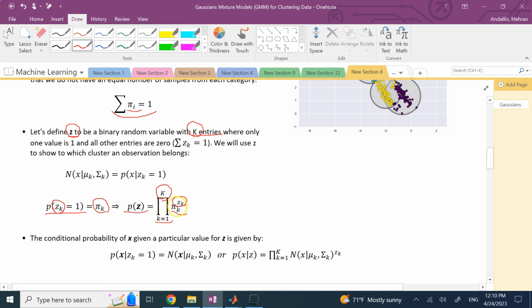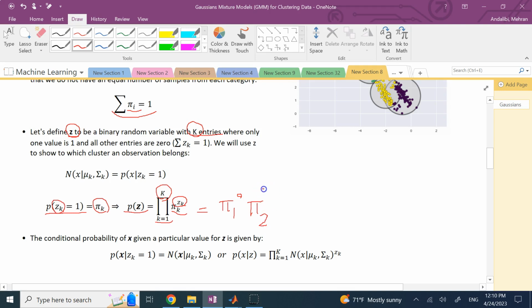So if I use, let's say, the second cluster as the cluster of the label, it's going to be pi 2 to the z2, and z2 is 1. And all of the other pi's, pi 1, pi 3, pi 4, are all going to be raised to the power what? 0, and anything to the power 0 is 1. So when you multiply them together, it's going to be pi 1 to the 0 times pi 2 to what?